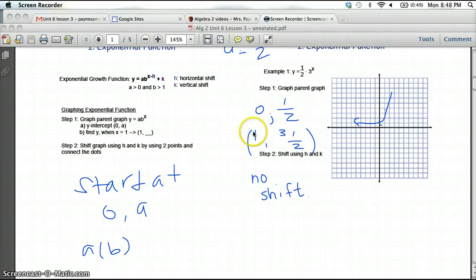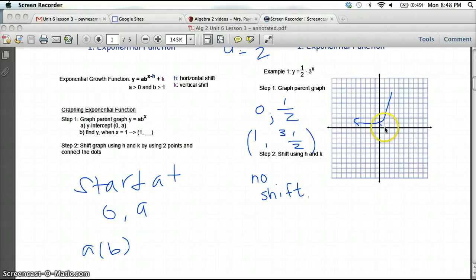Then you're going to go to 1, and then you're going to multiply 3 times 1/2. Okay, so you're going to multiply a times b. So you're going to go 1, 3 1/2. So we're going to start at 0, 1/2, there's my mark.